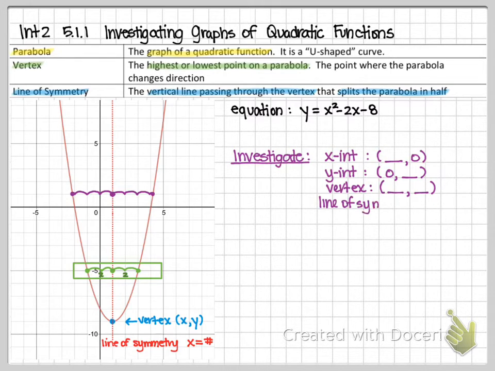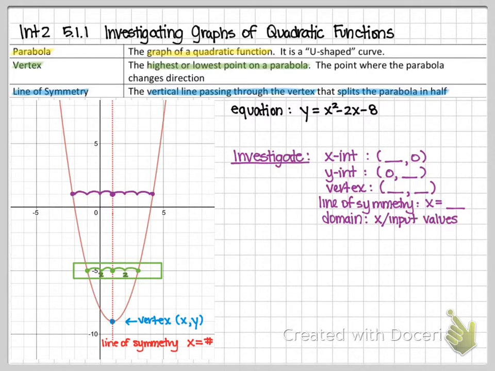So we kind of have a laundry list of things that we need to do. Our line of symmetry, remember, is always going to be x equals some number. And then we're going to have domain. So you're now going to do a bit of review. Remember that these are the x values. Typically the input is what we would call them.